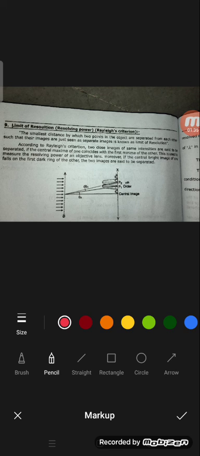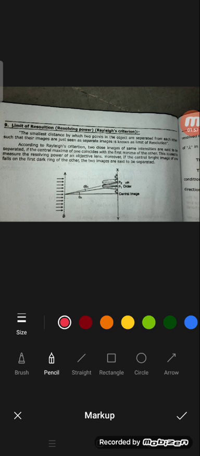So before observing the diagram, just focus on the definition of the limit of resolution, or what the resolving power is. Okay, if you know the resolving power, then we can calculate the resolving power for the grating, as well as we can determine the wavelength by using the diffraction grating.